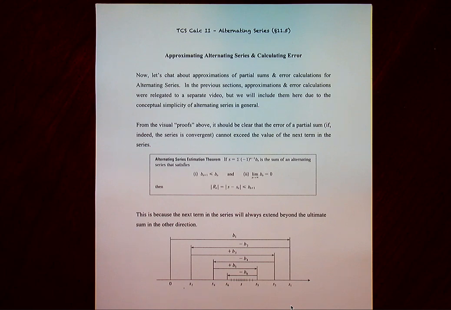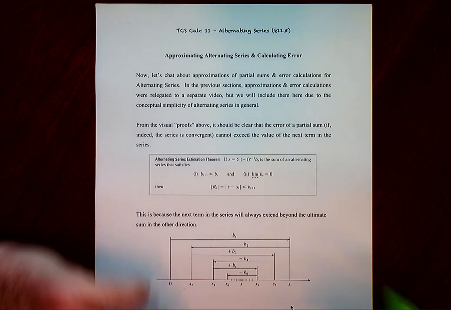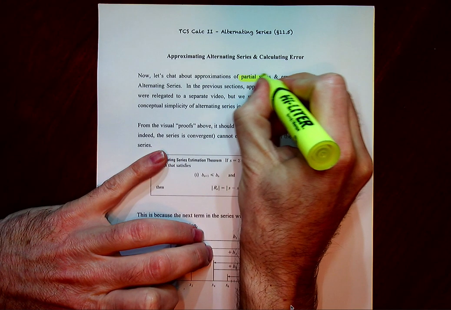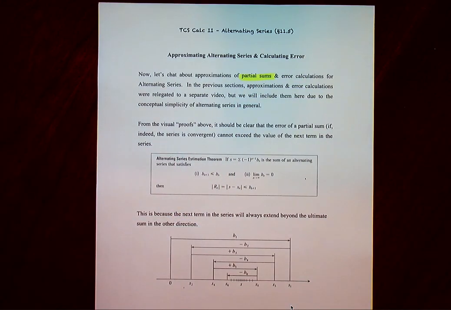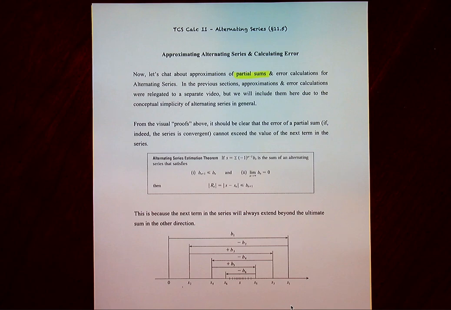A partial sum is a sum of part of the series. If it's an infinite series, you might designate the first 100 terms as S sub 100, which stands in for the sum of the first 100 terms.